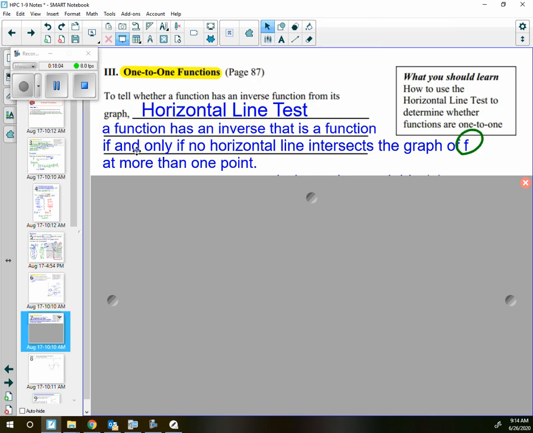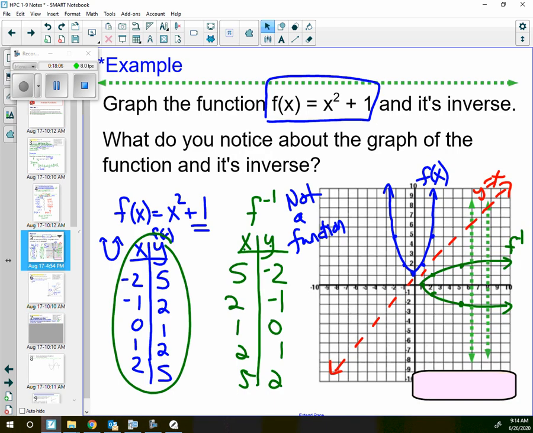Okay, so think about that for a second as you look back at this blue graph. That means if I'm taking a horizontal line, I'll try to use a different color here, and go across. So take a peek. If I pass a horizontal line across that blue graph, how many points does it touch? Well, 2, 1 on each side, right? So that means I know when I switch the domain and the range, I'm going to have those repeating x values.